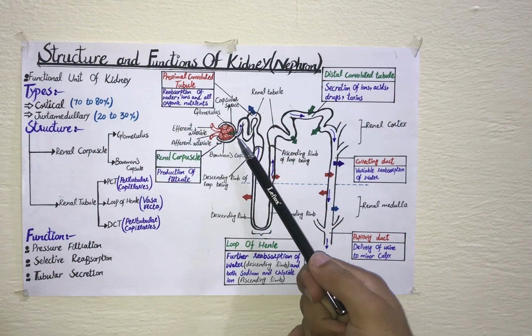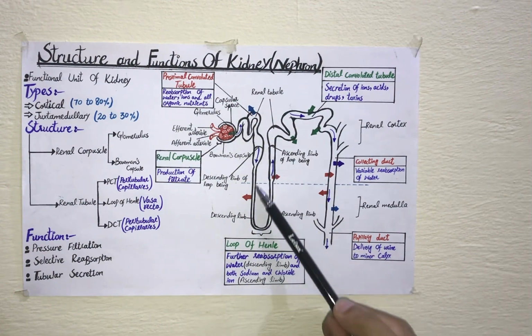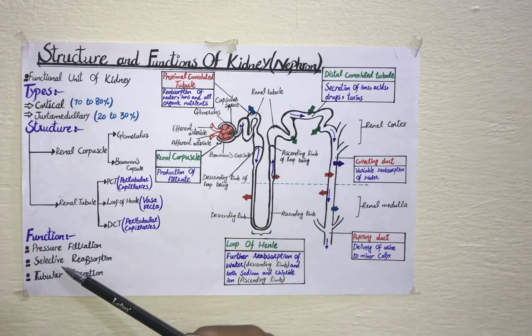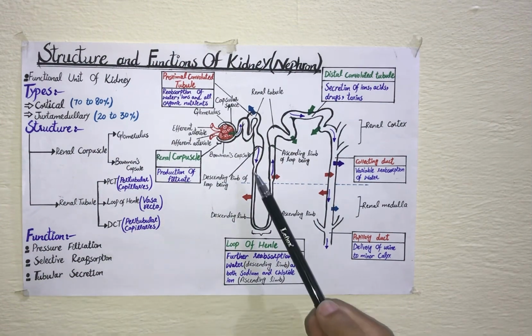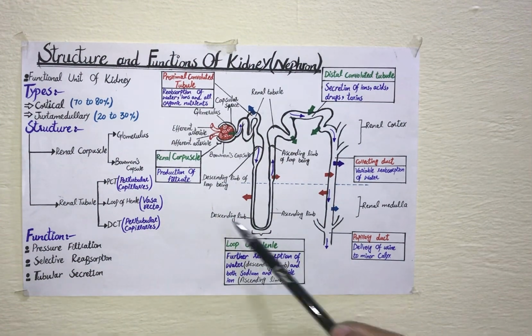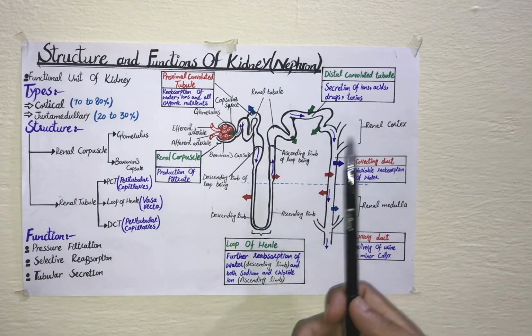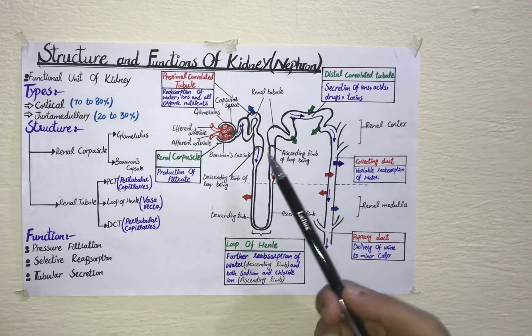Then this glomerular filtrate starts moving towards the next tubular structure, and during that there is a second step known as selective reabsorption. Selective means certain substances are reabsorbed back into the blood from the capillary network, which I haven't shown here, but I will tell you in the video.